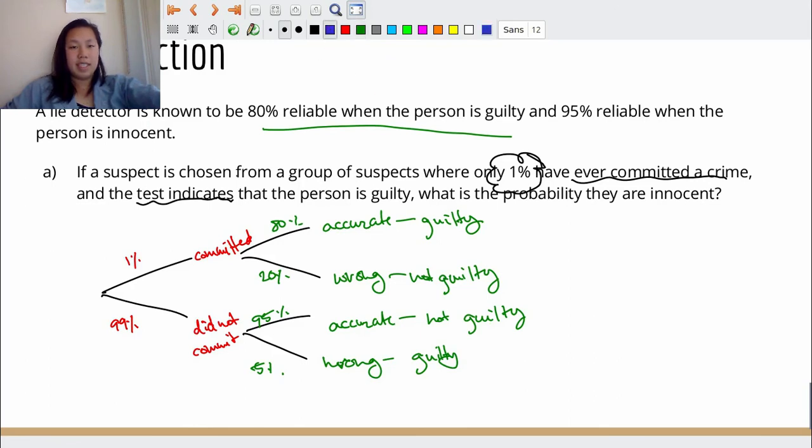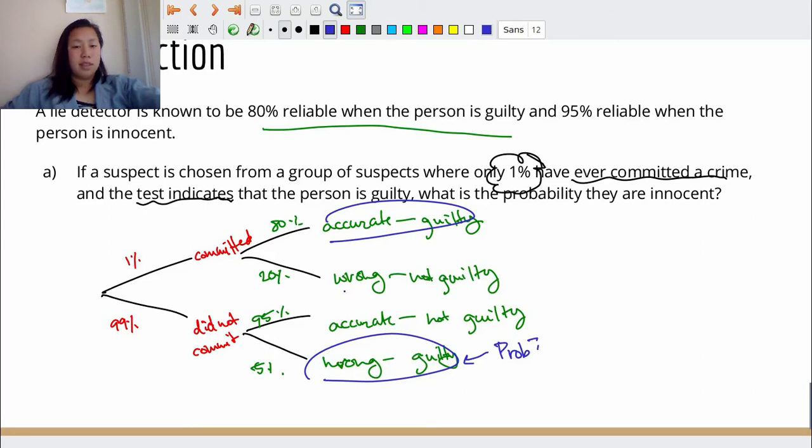We're saying the test indicates that a person is guilty, so that would be this, and then this. What's the probability that they are innocent? Out of these two, what's the probability of this? You would just go down this tree. The probability that they committed a crime and they are guilty is 0.01 times 0.8, or 0.008.